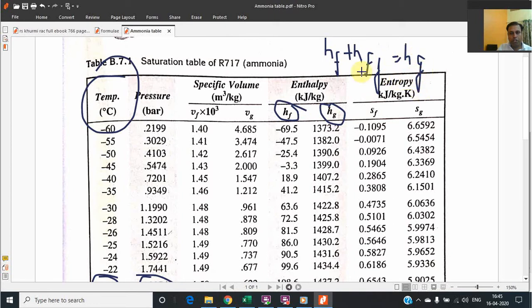So HFG is not given, but it can be obtained, because in certain tables they don't give it. HFG will be equal to HG minus HF, you have to subtract. So that is easy, that is not the problem.